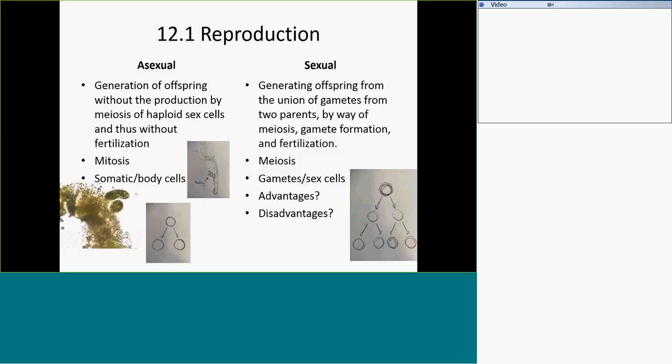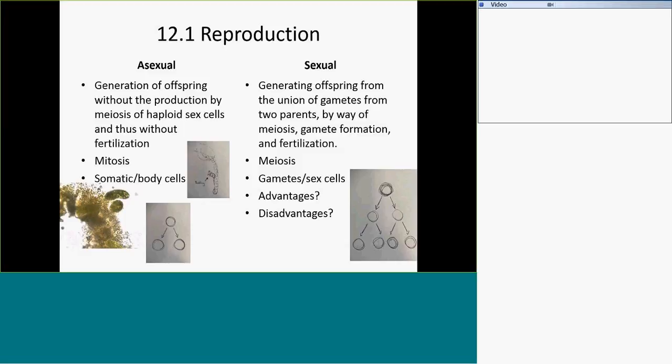There's a nice YouTube clip of the paramecium dividing found in the course content this week, and that emphasizes this type of division, this idea of asexual, the paramecium in that image down there, going from 1 to 2 cells. So for a single-celled organism, cell division is a lot like reproduction.